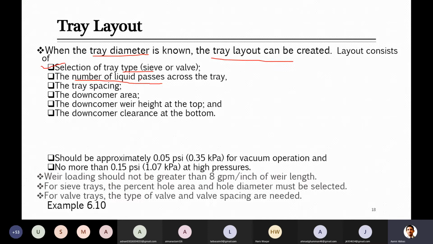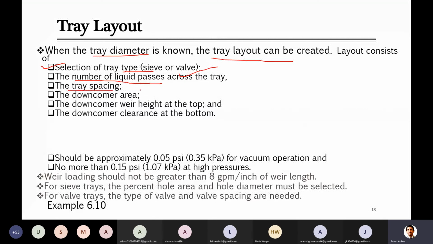You have already seen in the last lecture that this is linked with the contact efficiency of the vapor liquid contact. If overall mixing is low on the surface of the tray, then you have to go for more than one pass, and that is also linked with the flow rate on the surface of the tray. There was one diagram which can help you select the number of passes on the tray.